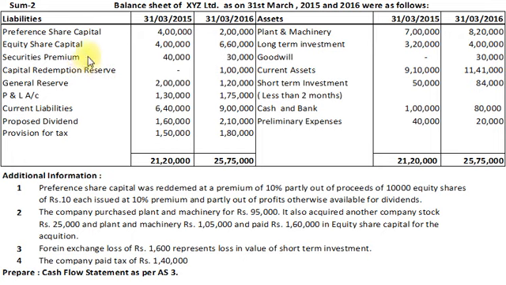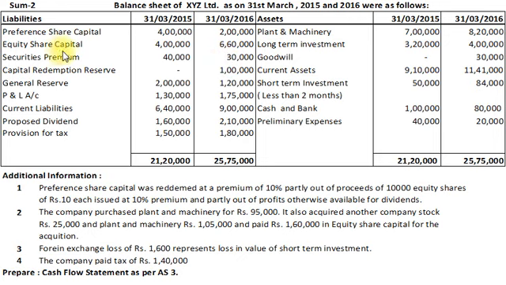So in securities premium, opening balance 40,000 plus 10,000 premium on proceeds of equity shares, so it will be 50,000 minus 20,000 preference share redemption premium, so closing balance will come to rupees 30,000. So like this, our preference share capital and securities premium account will tally.